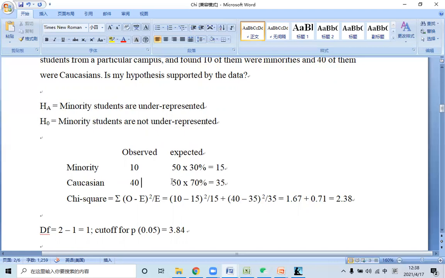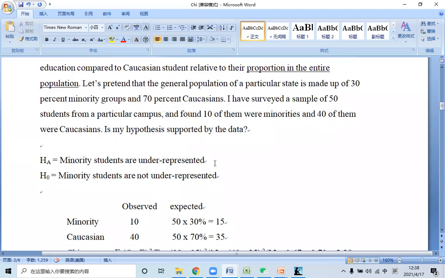So a rough, quick and dirty look would be to look at the proportion. Look at the proportion of these 50 people. You studied 50, 10 are minorities, 10 out of 50, that is 20%. 20% of your observation consists of minorities. In a particular state, you have 30% non-white or minorities.